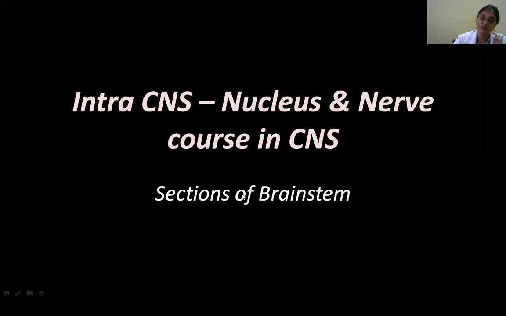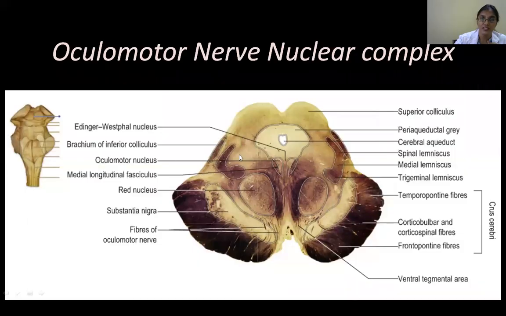For this, you should know the sections of the brainstem. This is a section of the midbrain at the level of the superior colliculus. The midbrain has two elevations on its dorsal aspect: a pair of superior colliculi above and a pair of inferior colliculi below. All four are called the corpora quadrigemina, which is a short note for the examination.